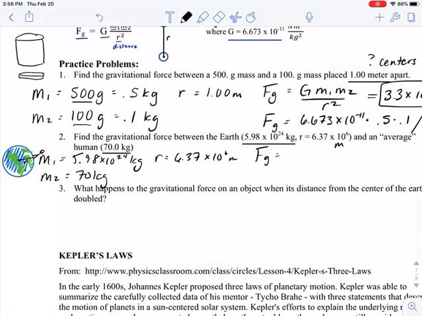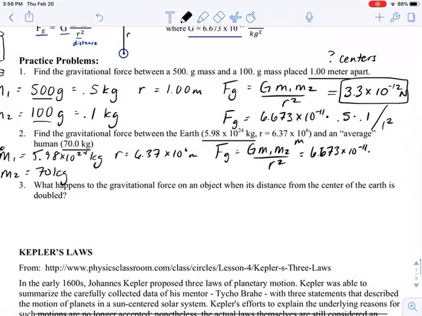Okay, so now I can proceed with the formula. I've got Fg equals the gravitational constant, m1, m2 over r squared. 6.673 times 10 to the negative 11th times 5.98 times 10 to the 24th times 70, all over, these numbers are huge, 6.37 times 10 to the 6th, and that radius in the denominator is squared.